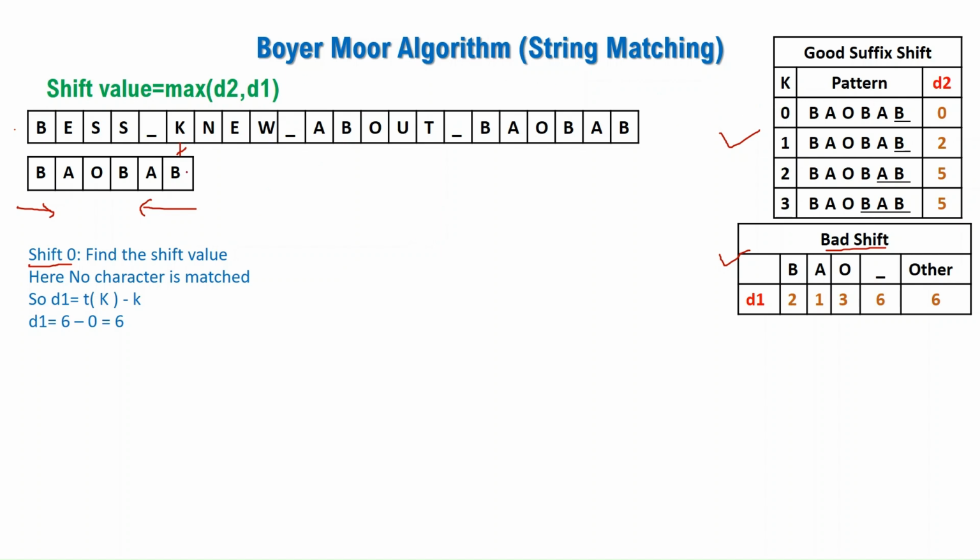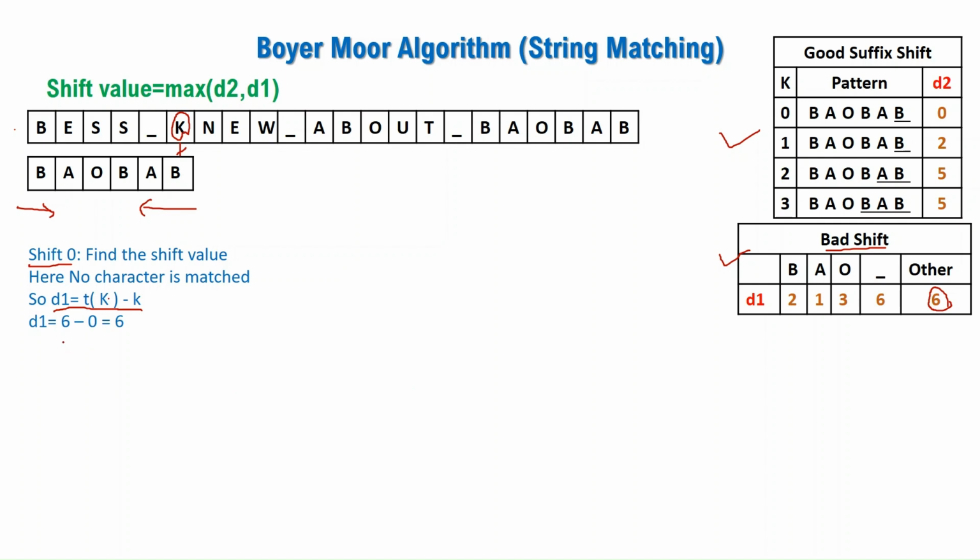Now here no characters are matched, and the character which is not matched is K. Then you consider D1 equals T of K minus K. What is this K? This K is nothing but this value. In your bad shift table, if any other value is there, you consider the value as 6.